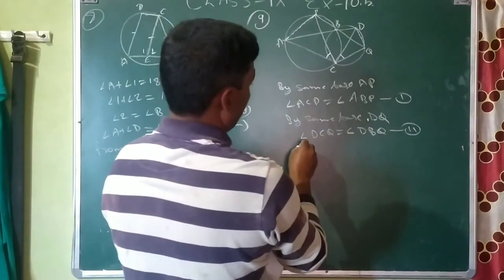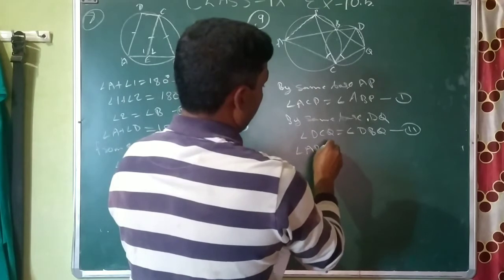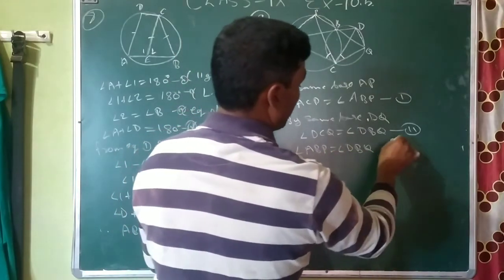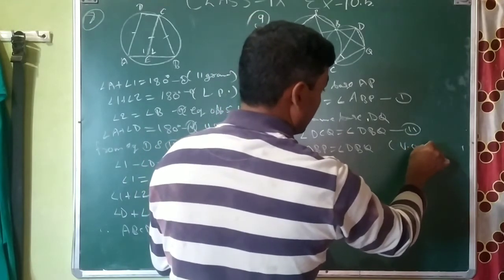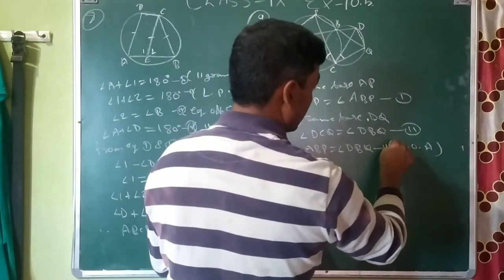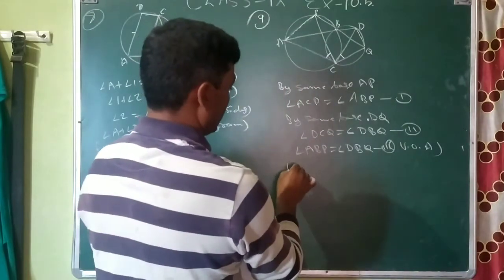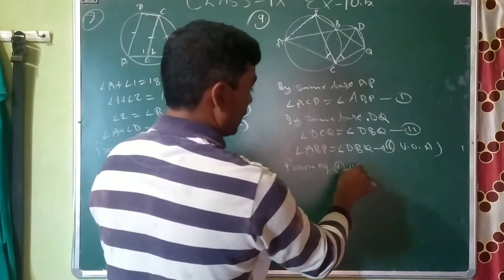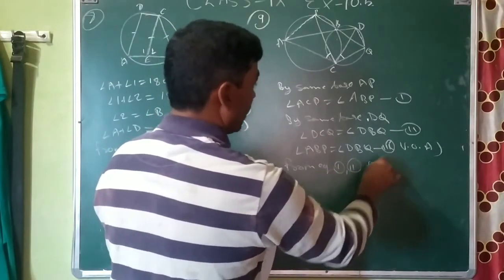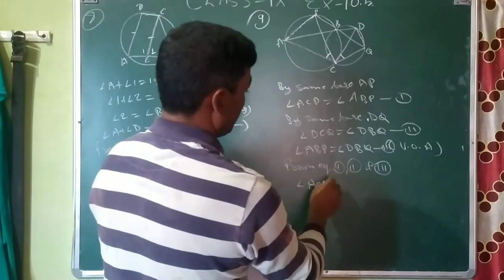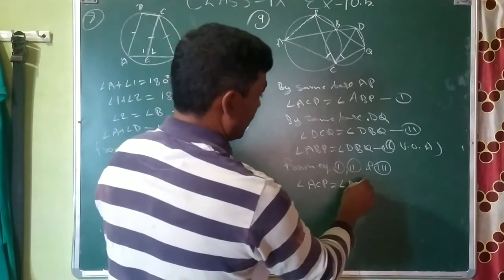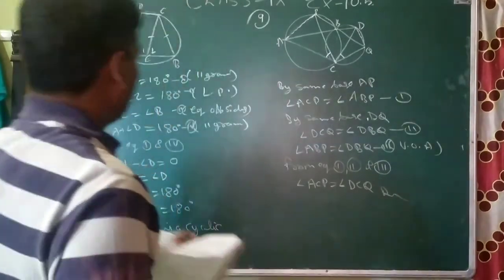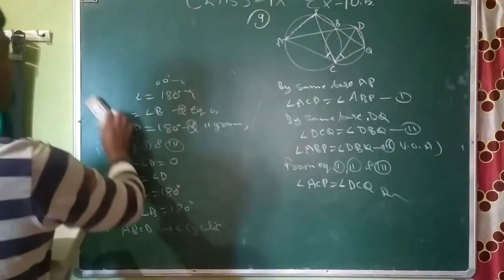And then angle ABP is equal to angle DBQ by vertically opposite angles, that is the third equation. From equations first, second and third, angle ACP is equal to angle DCQ. Proved.